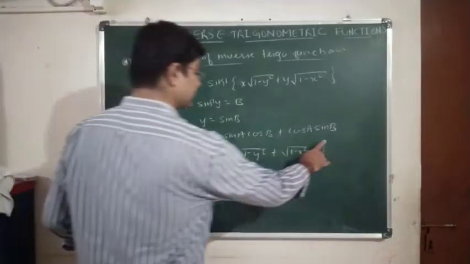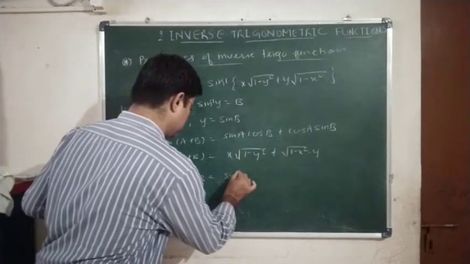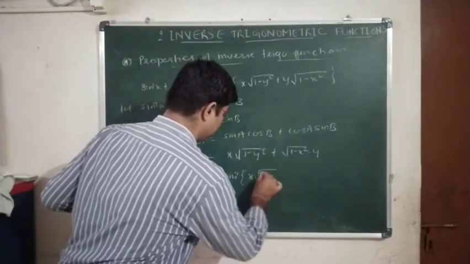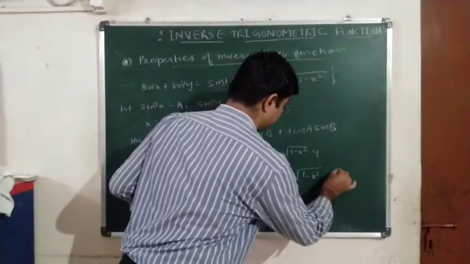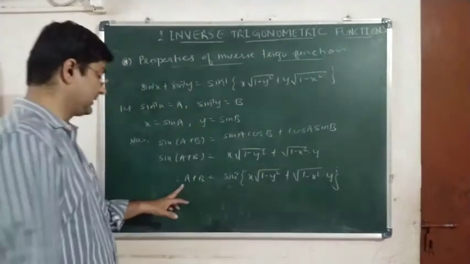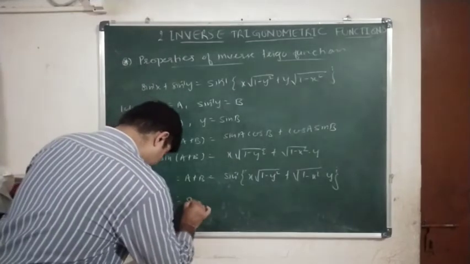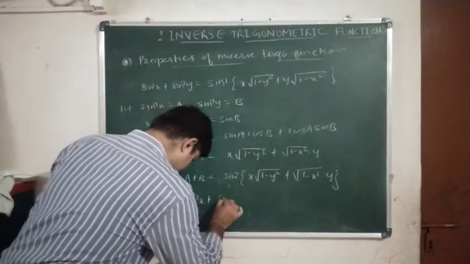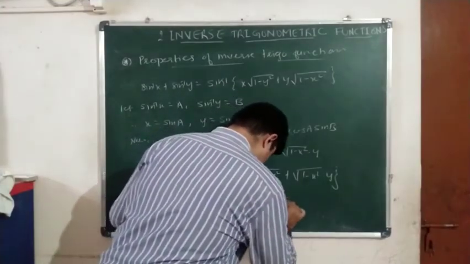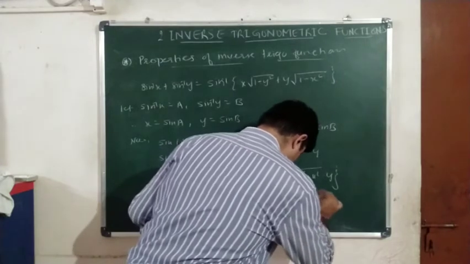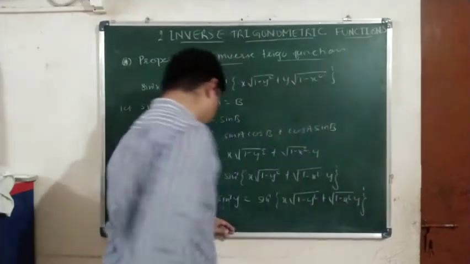So therefore a plus b is equal to sin inverse of x into square root of 1 minus y square plus square root of 1 minus x square into y, and finally for a we put sin inverse x and for b sin inverse y. Therefore sin inverse x plus sin inverse y is equal to sin inverse of x into square root of 1 minus y square plus square root of 1 minus x square into y. Clear?